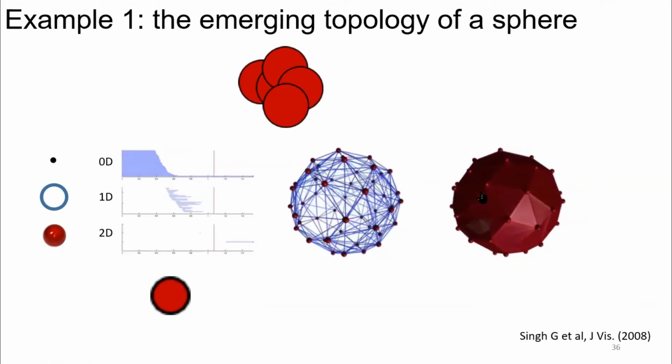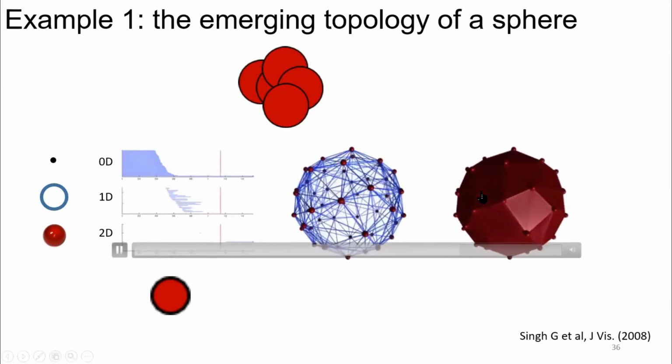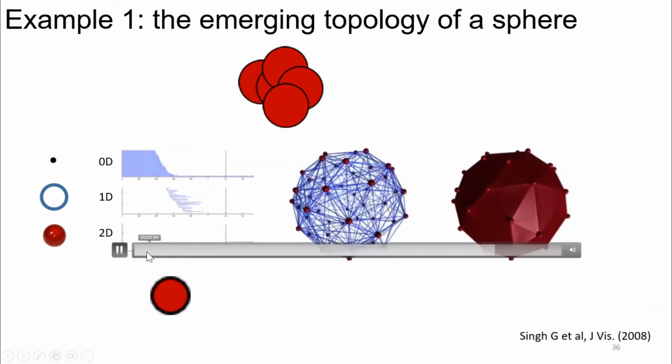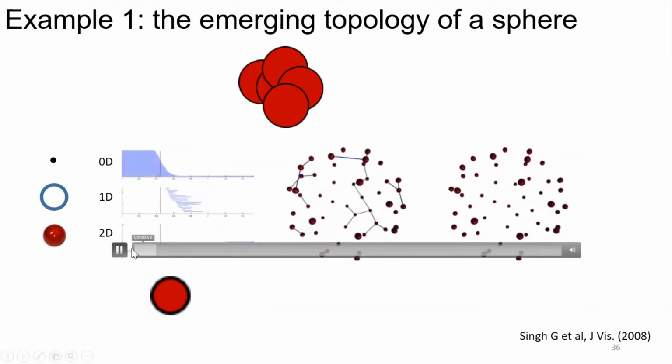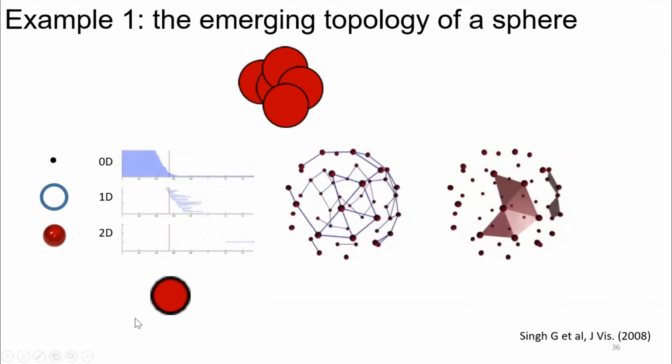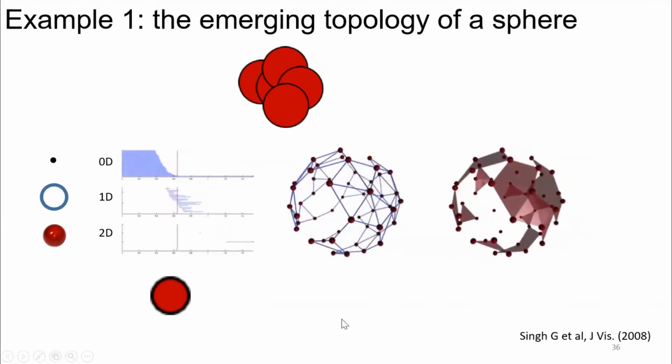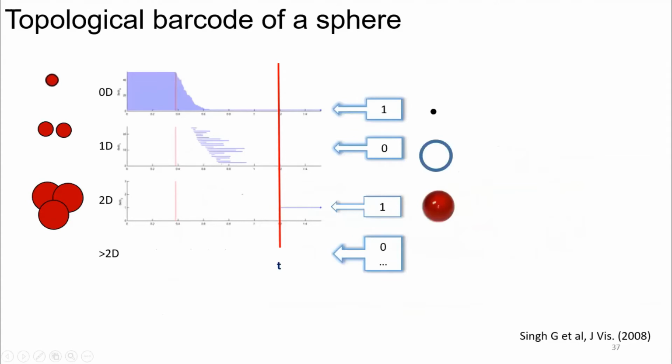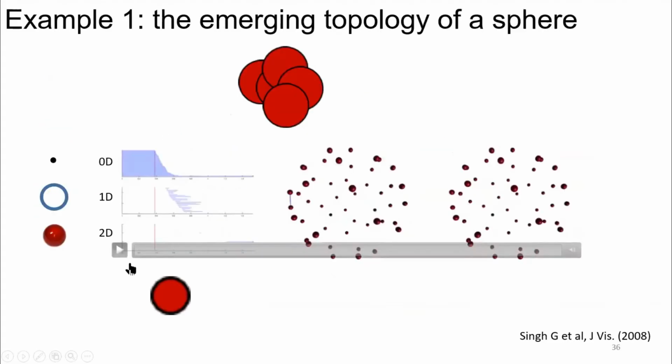I probably have to play it again, but basically what happens is that when vicinities are small... this axis represents the size of the vicinity of every vertex. As that size is changing, you start... maybe I should start from here again. Let me play it again.